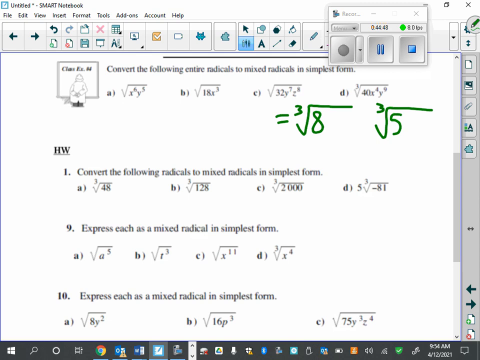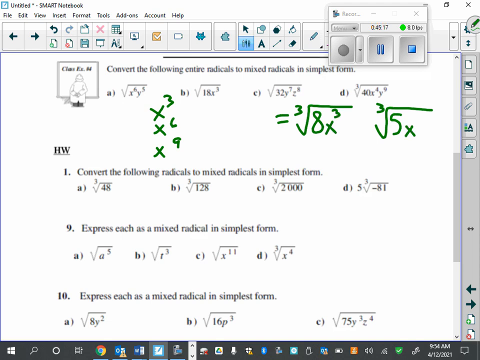Not quite. It would stay if it was square root. But the perfect cubes for x are these ones. So what's the biggest one without going over? Yep. X cubed times x is x to the 4th.